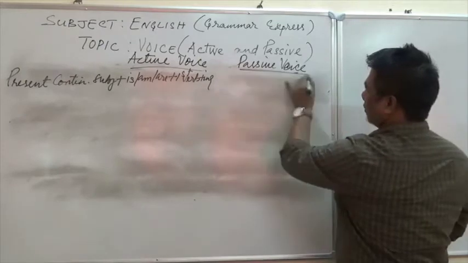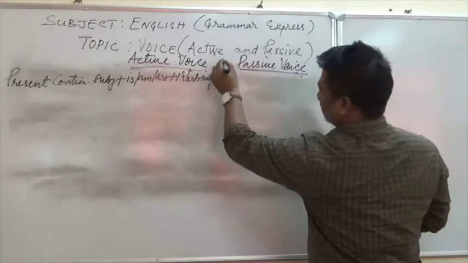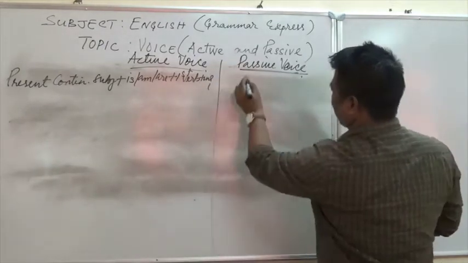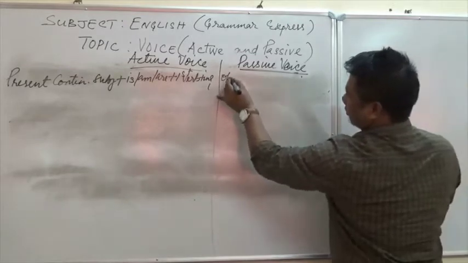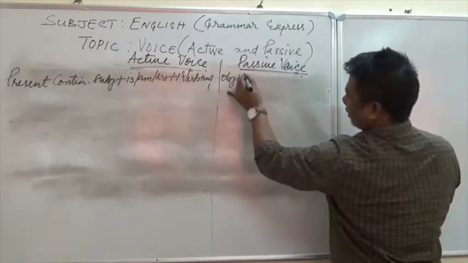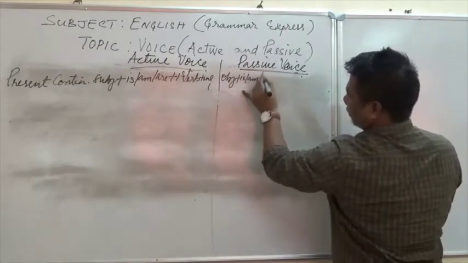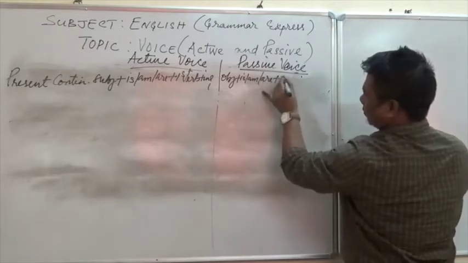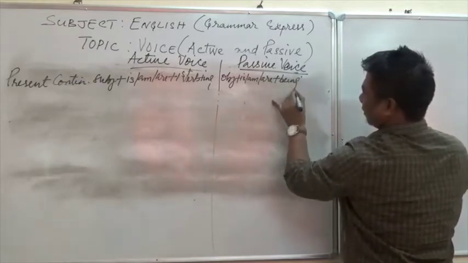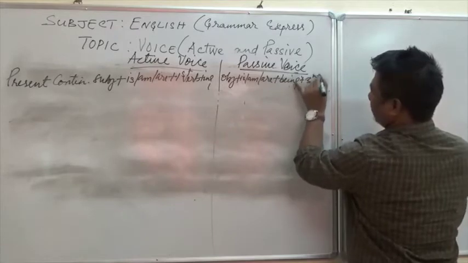Okay, how to change present continuous tense into passive voice? You take the object, then use is/am/are, then being, then the third form of the verb.